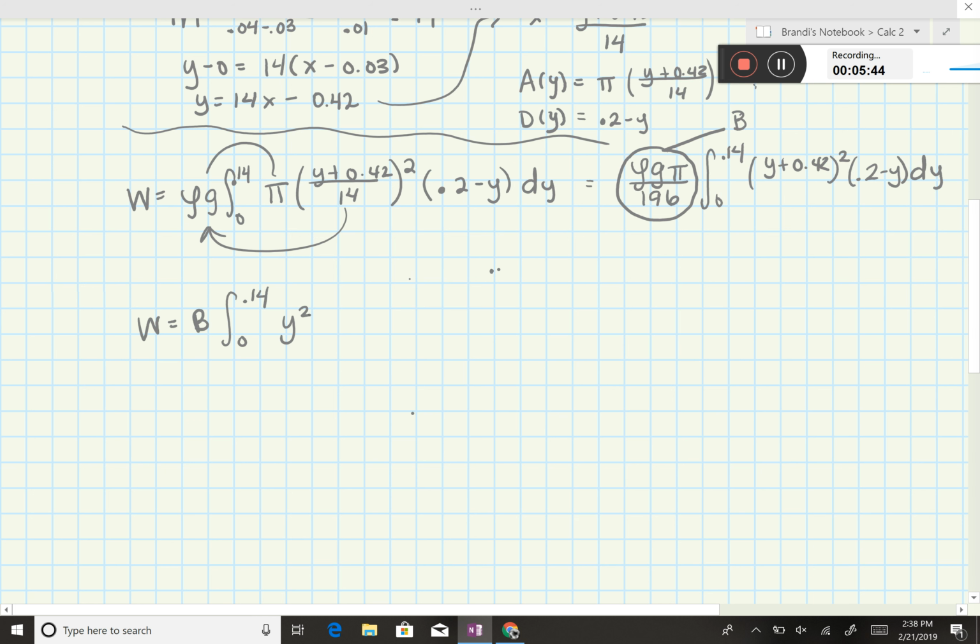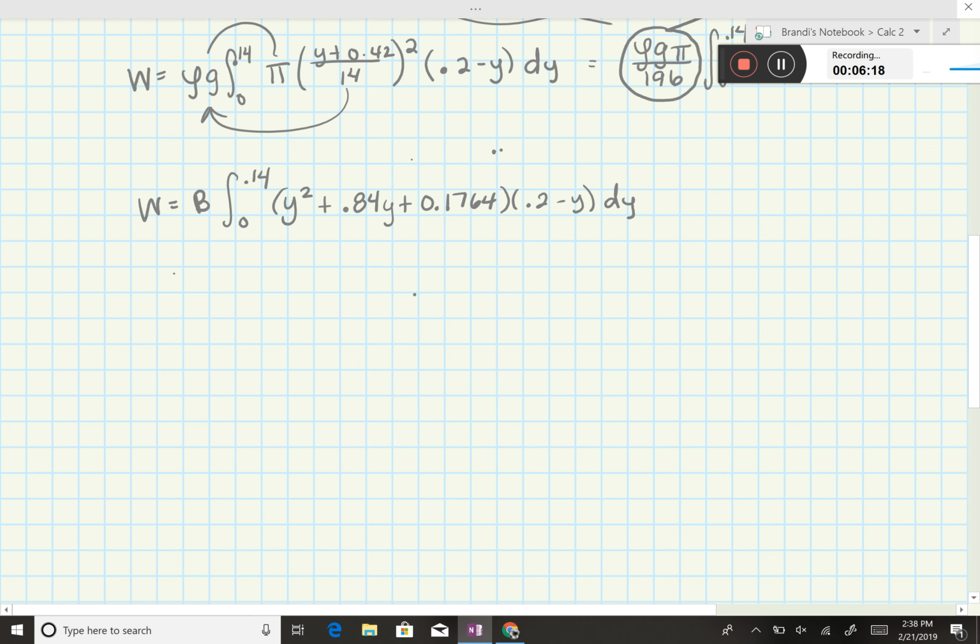Y squared plus 2 times 0.42, which is 0.84 y, plus 0.42 times 0.42, 0.1764, and all of that is times 0.2 minus y dy.